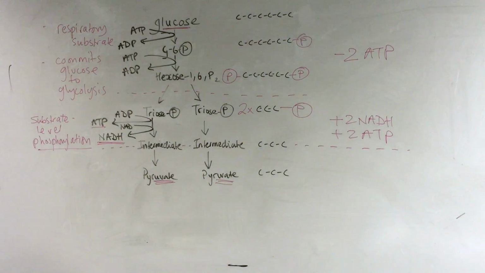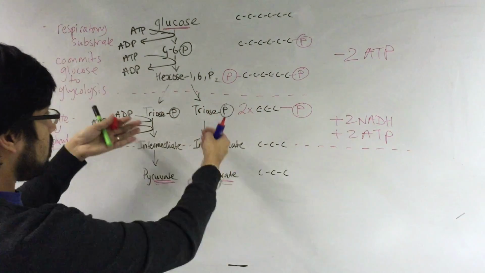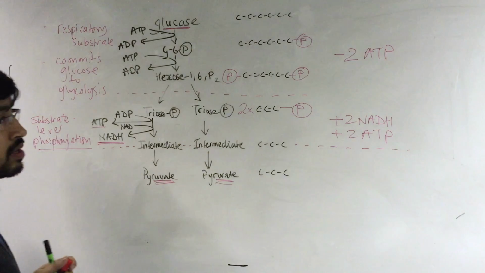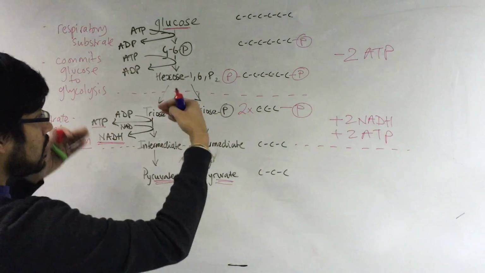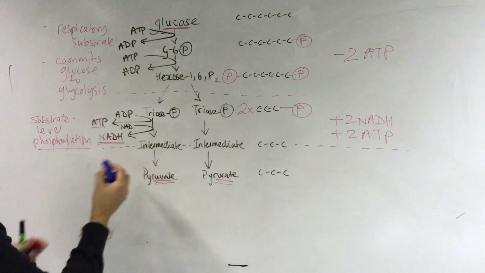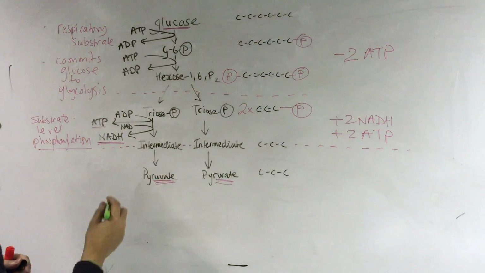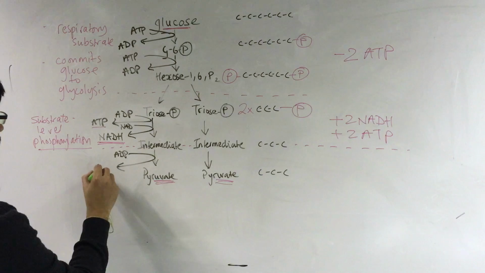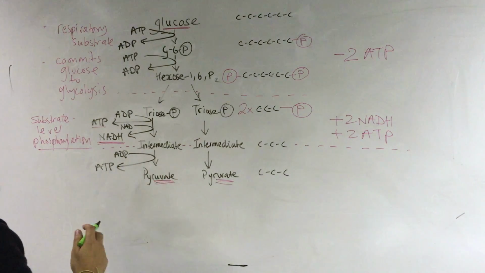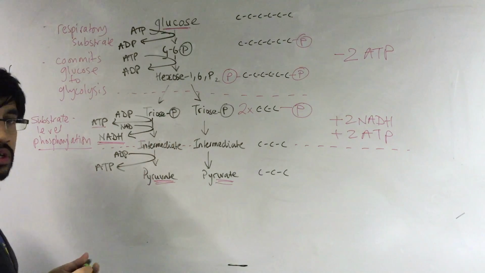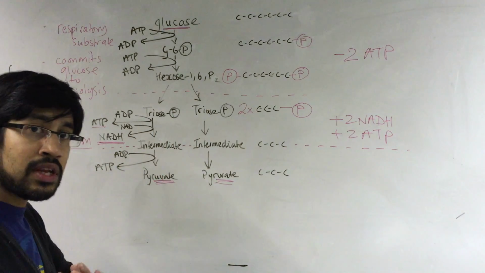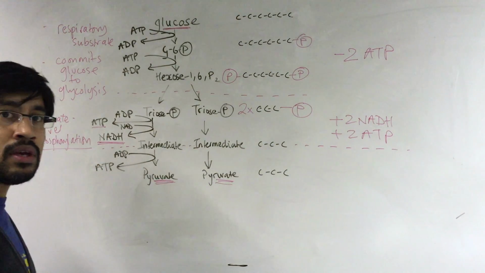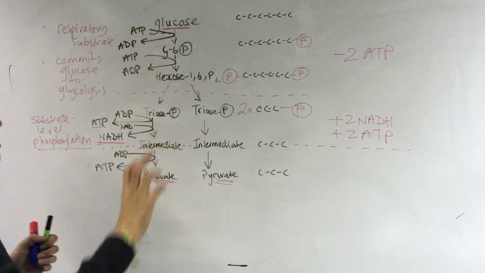Right. Now, the intermediate then gets converted into pyruvate, and again this happens twice for each glucose that goes into the glycolytic pathway, and here again we can get the generation of another ATP molecule from ADP. A phosphate group is attached to ADP, because this conversion from intermediate to pyruvate releases enough energy that we can join a phosphate group onto ADP and capture that energy to be used somewhere else.